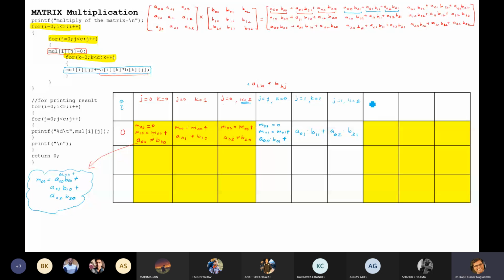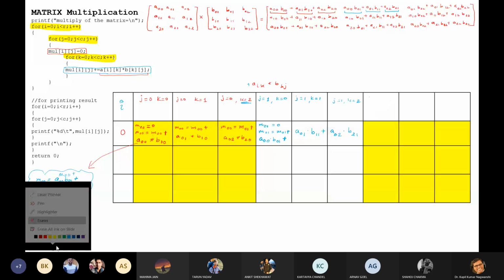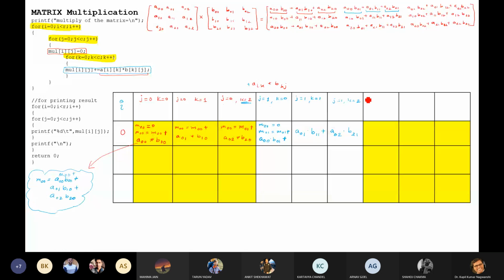J is incremented to 2 and K is equal to 0. Now what will be the value?